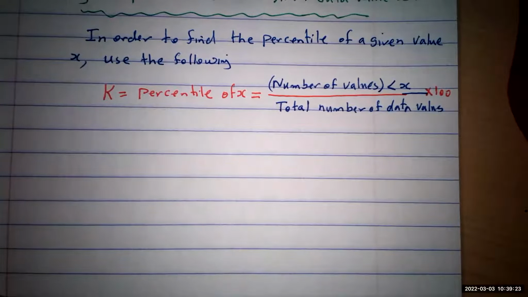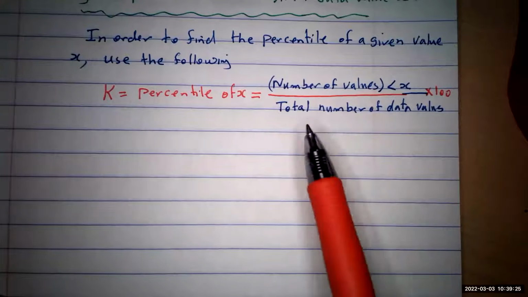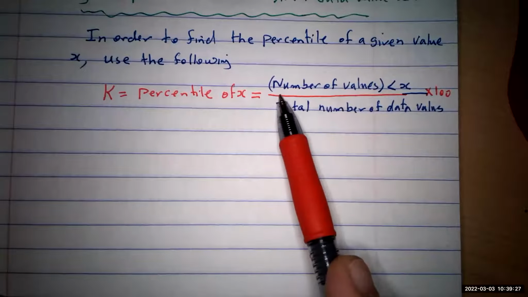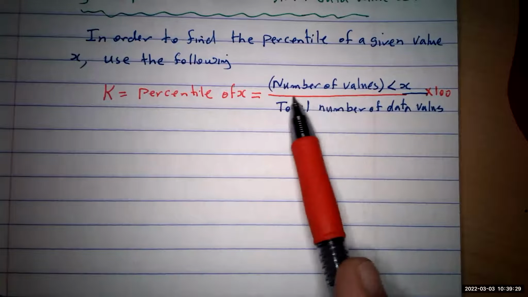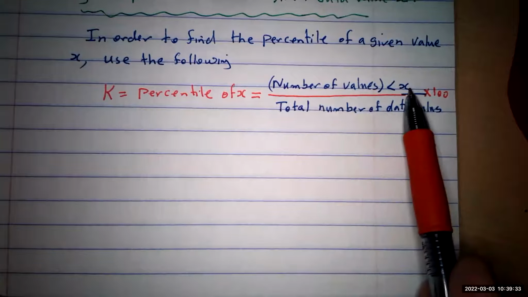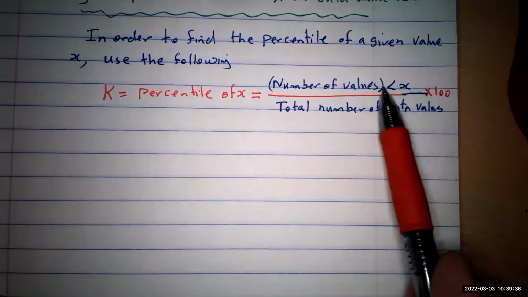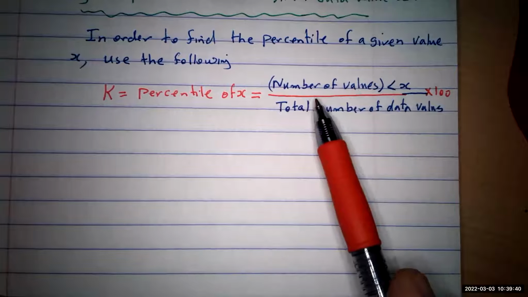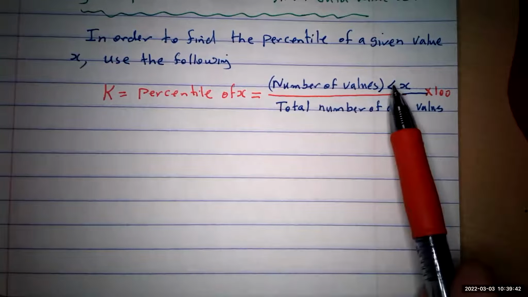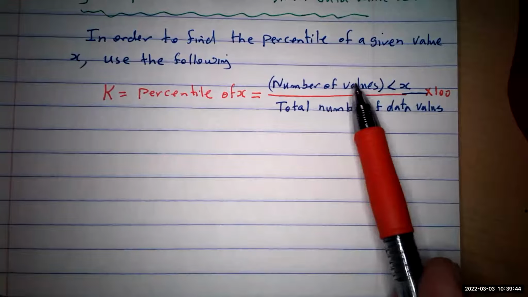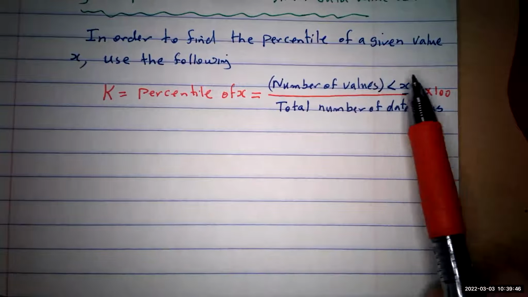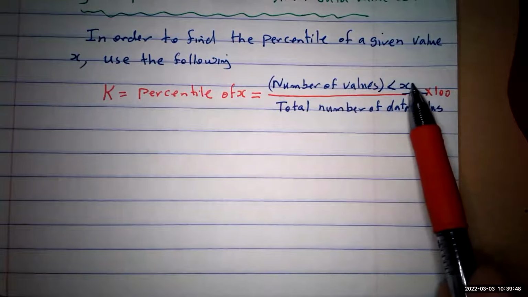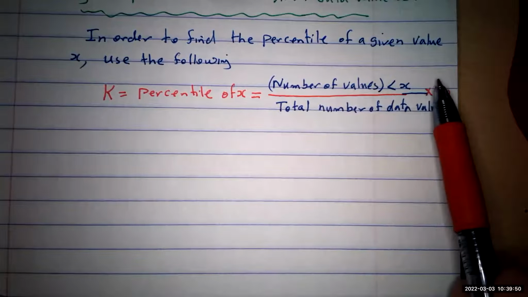This is one. The other one is in most of the statistic books, other than yours, when they find these numbers, they add plus 0.5 here. That gives a number which is going to be closer to the actual one. But in your book, they don't use it. So if you see this formula in any other statistic book, and on the top there is a plus 0.5, then don't be surprised.